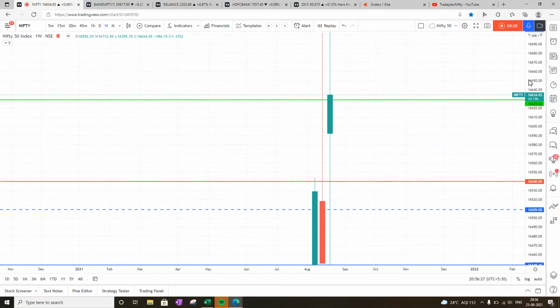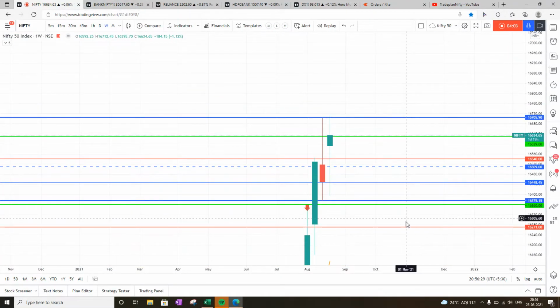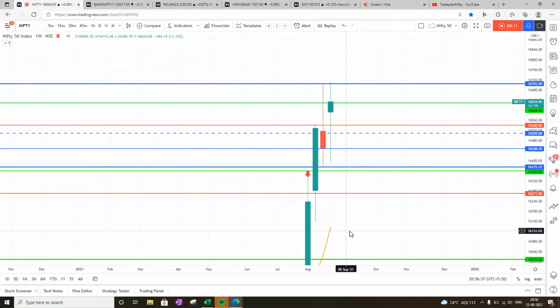When you look into our market on the weekly chart, we see that this week it has already touched the weekly pivot, and now it is moving up, and the 8 bar moving average is catching up. The 8 bar is at 16,137, and still no sign of weakness here. So definitely on a weekly basis, the market is in uptrend.